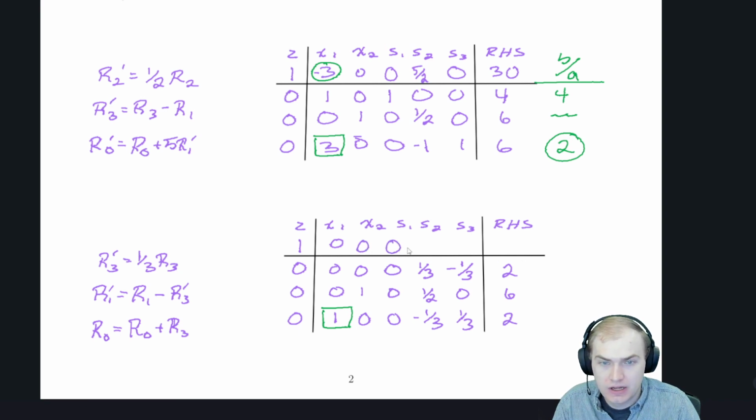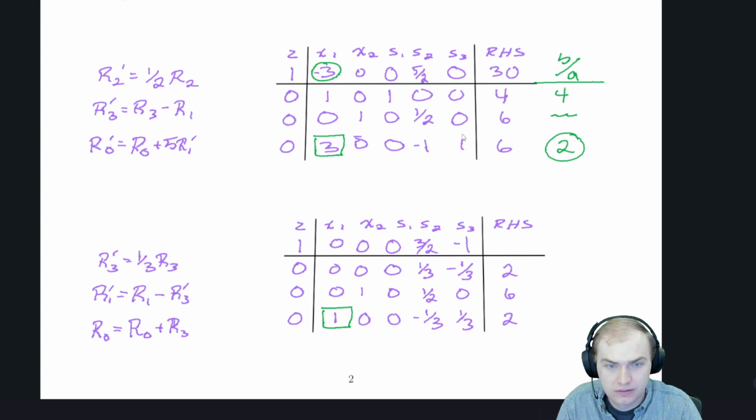Unchanged, unchanged. 5 halves minus 1 is 5 minus 2 is 3 halves. 0 plus 1 is 1.